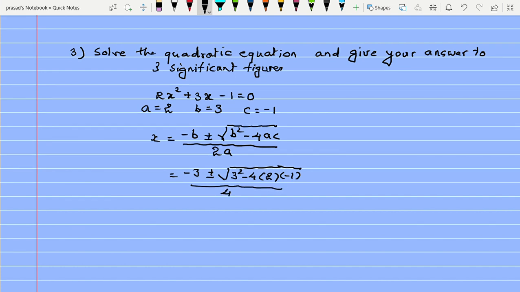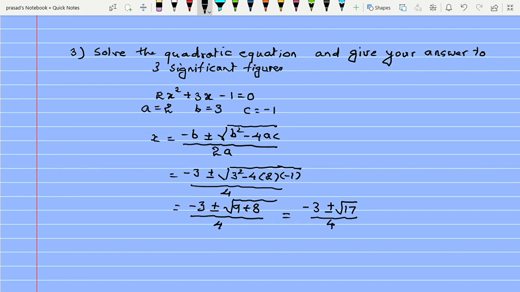This gives you minus 3 plus or minus root 9 plus 8 upon 4, which is minus 3 plus or minus root 17 upon 4.